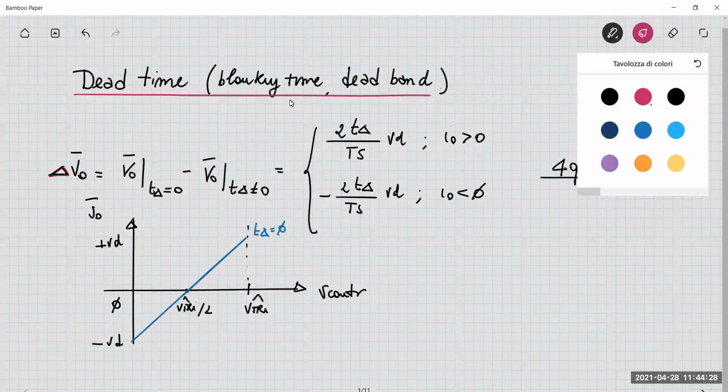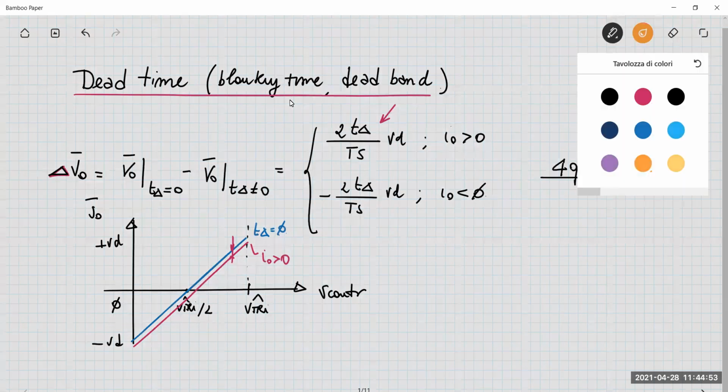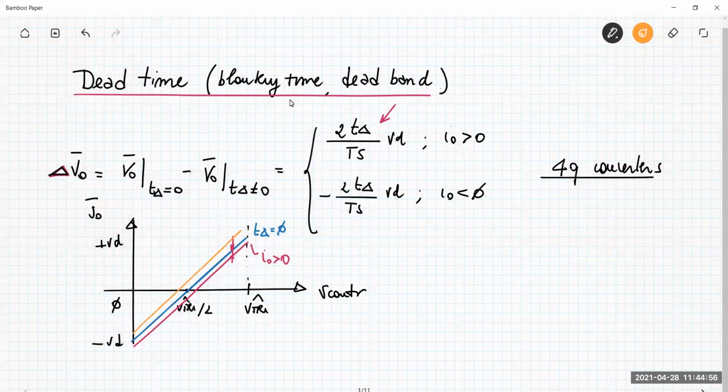So when the current is positive, we have something like this. So we have a difference here between the ideal situation, no dead time, and the situation which you have at dead time, which is exactly this one, this positive one. Okay, and then you have the curve which is slightly shifted upward, which is the situation in which the current is negative.